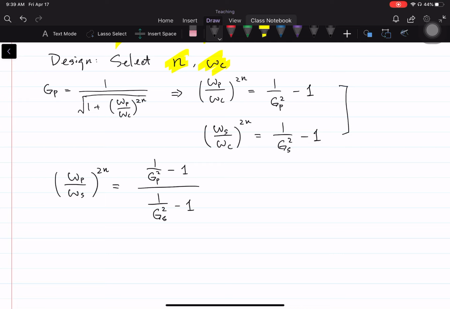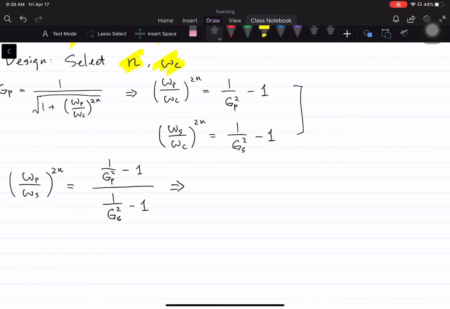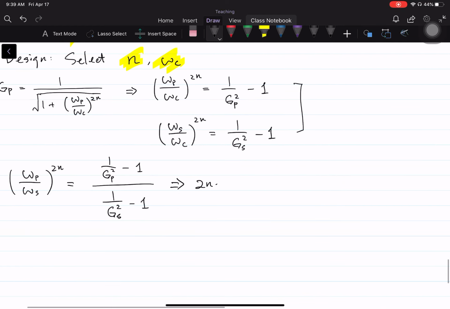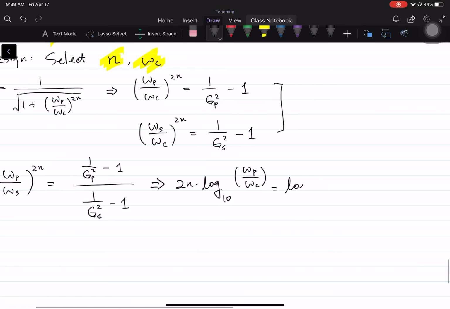They're all given parameters once you know how your filter should behave. Take the logarithm so that this 2n can be separated, say with base 10. This will be equal to the log 10 of the whole thing, 1 over g sub p squared minus 1 divided by 1 over g sub s squared minus 1.